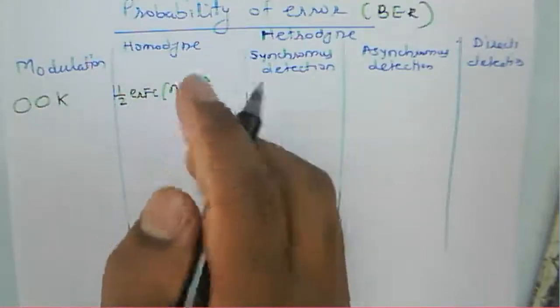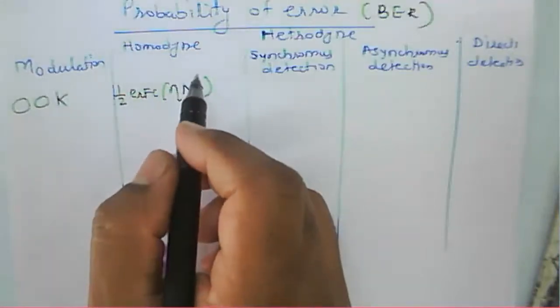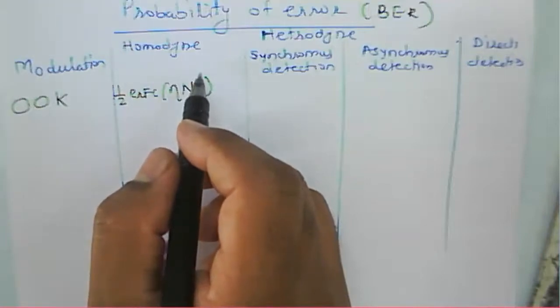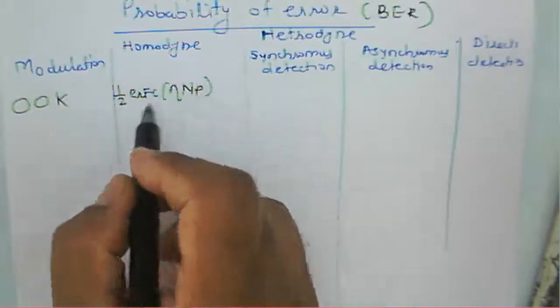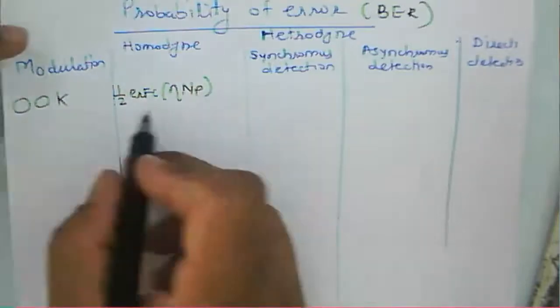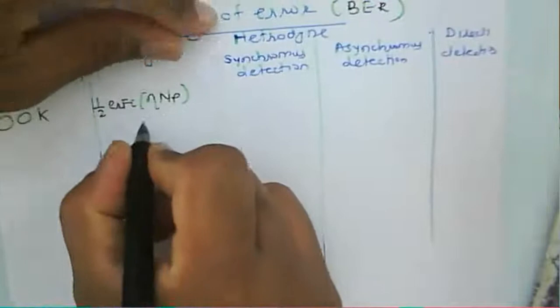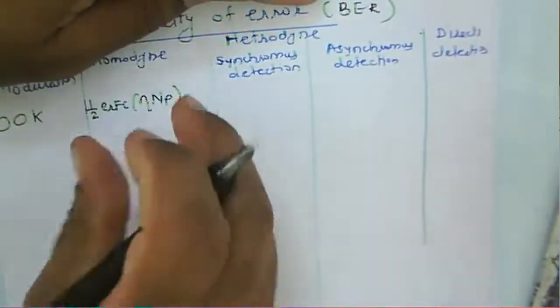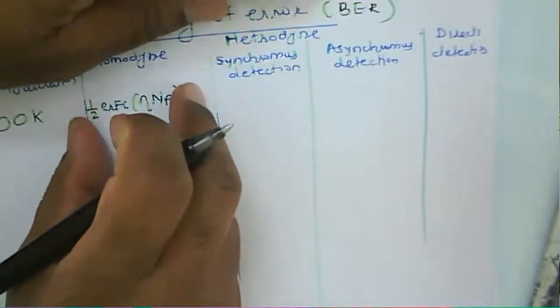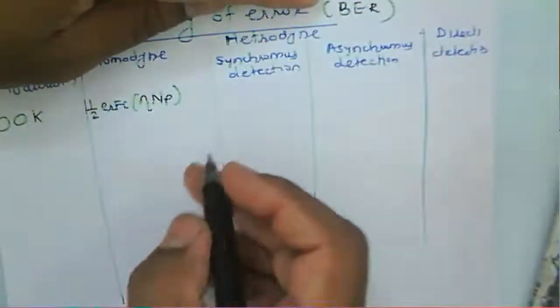This is about a quantum limit. So that is about a given particular signal in the homodyne detection, suppose. This is the expression of the BER here, and then from that expression of BER we can say how much number of photons we require.